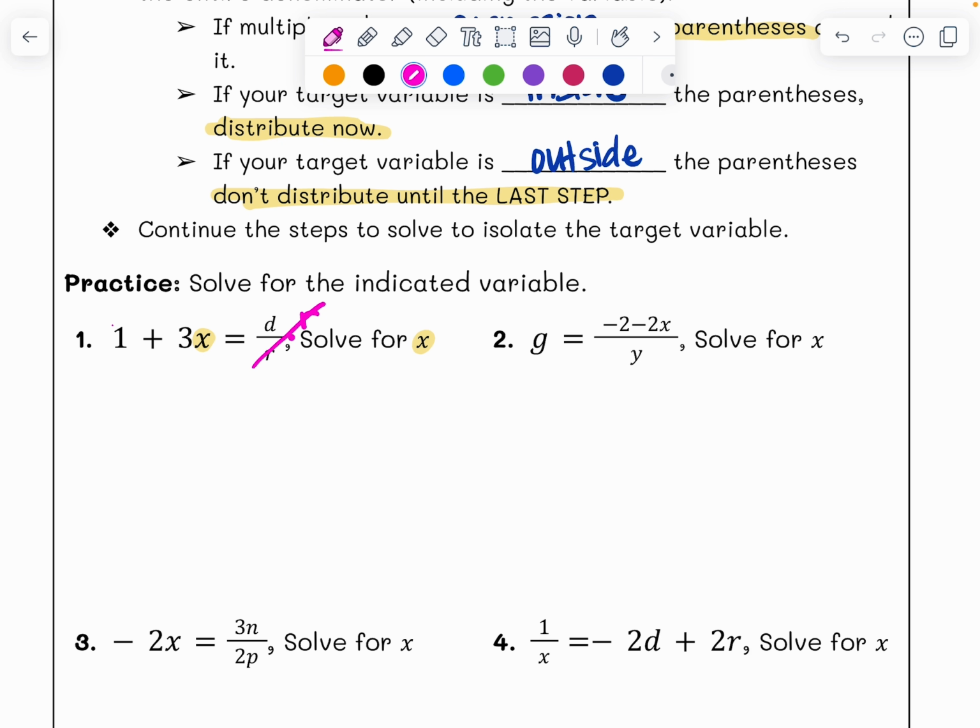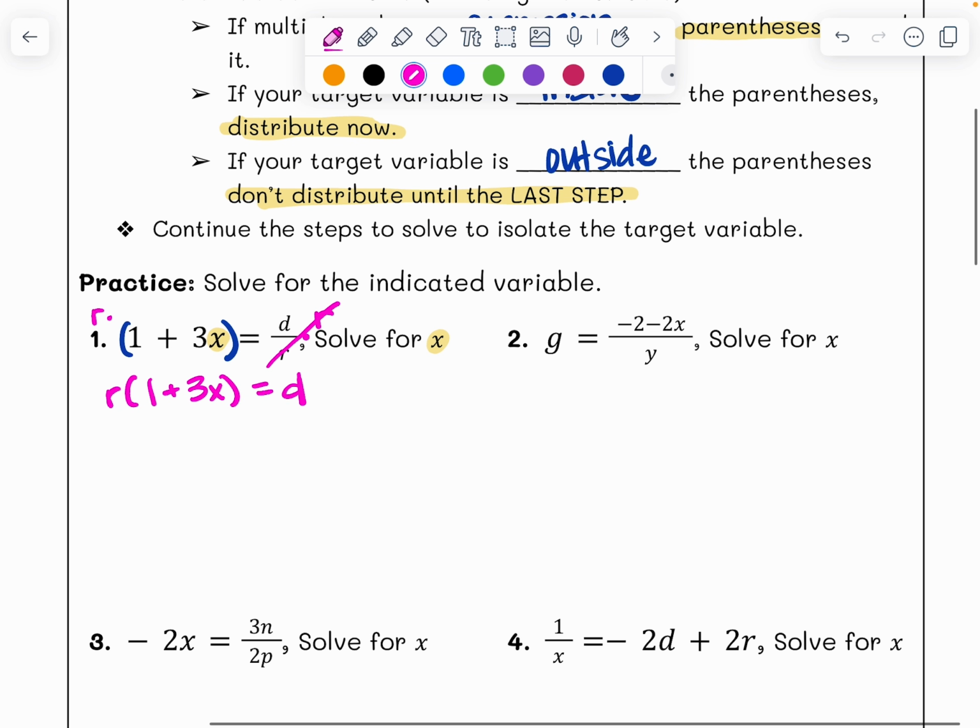Then I need to put parentheses around the other side because it's an expression. There's more than one term. And I will multiply this side by R. So at this point, I've got R parentheses 1 plus 3x equals D. Now, my highlighted variable, remember this is x, that's my target variable.